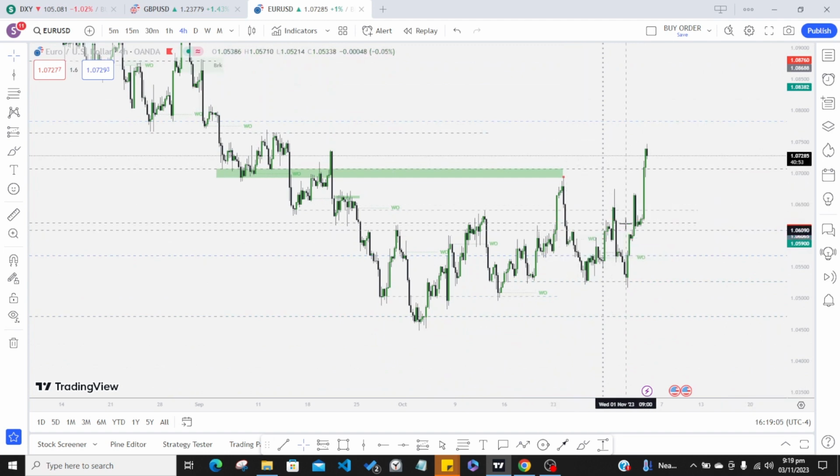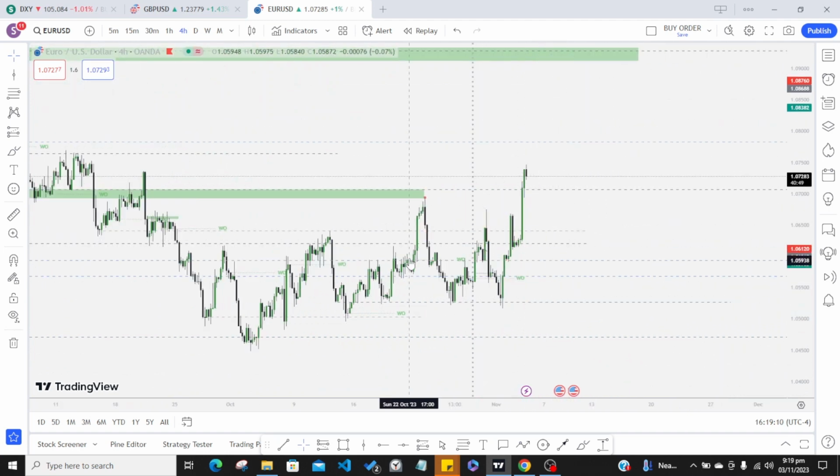That was this high. This was where I took the trade, thinking after price cleared this liquidity here, price was going to reject and go down. But price went up here and took out this high on the New York session. I had this trade on the London session, so the New York session was when the reversal happened. So I was wrong on that.